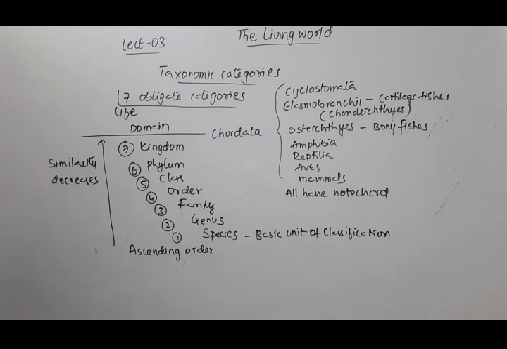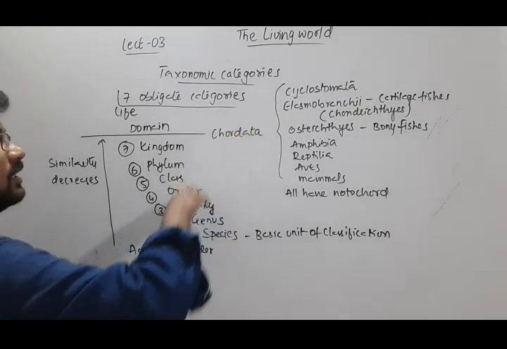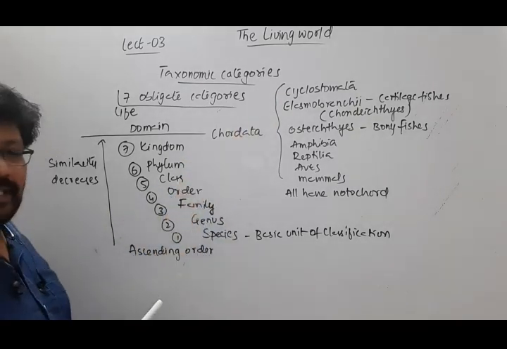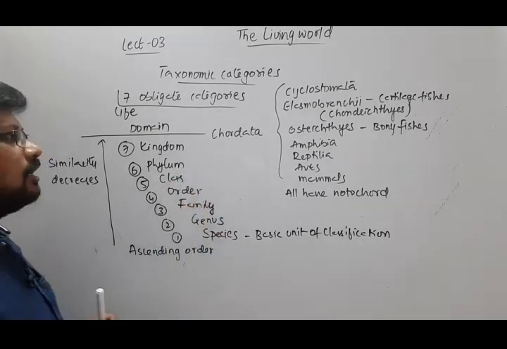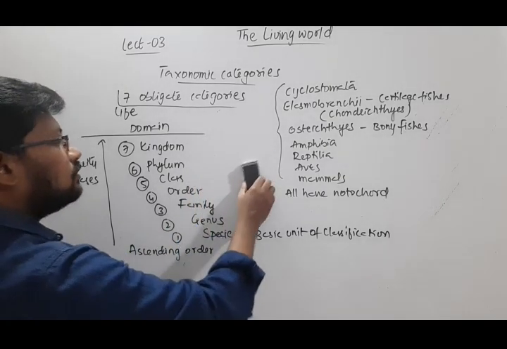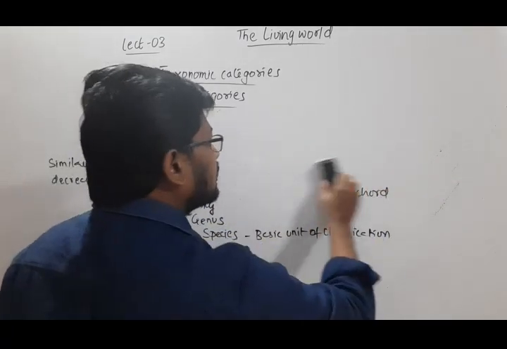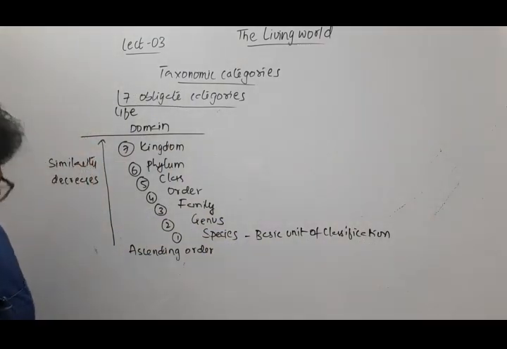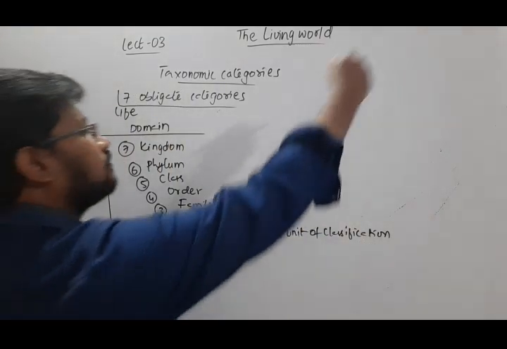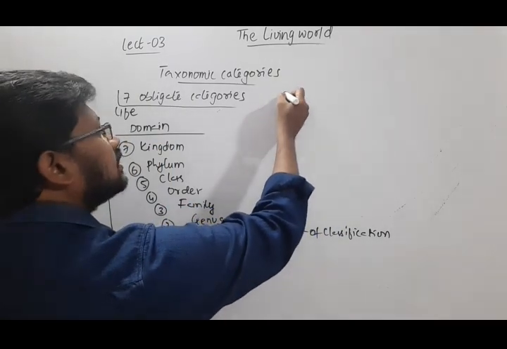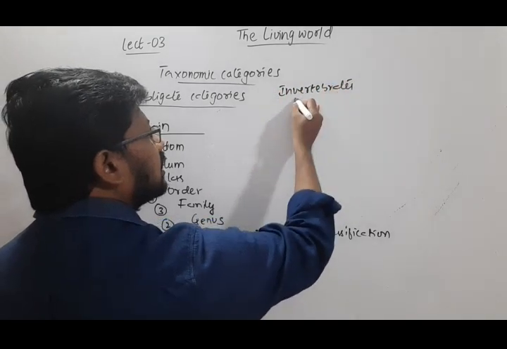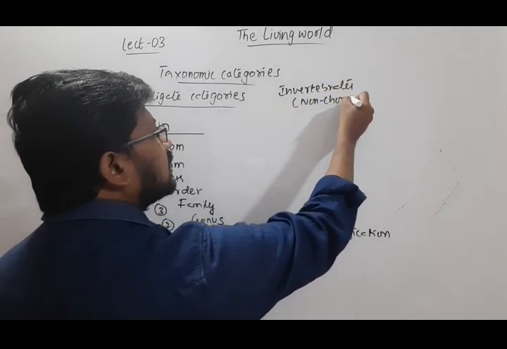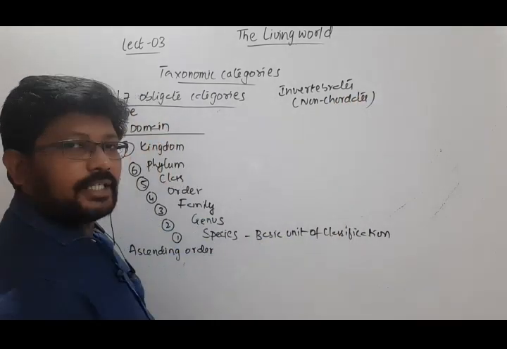And now coming to the kingdom. Related phyla are included under one kingdom. The invertebrates and vertebrates that come under chordates, all animals. Invertebrates I can call non-chordates.